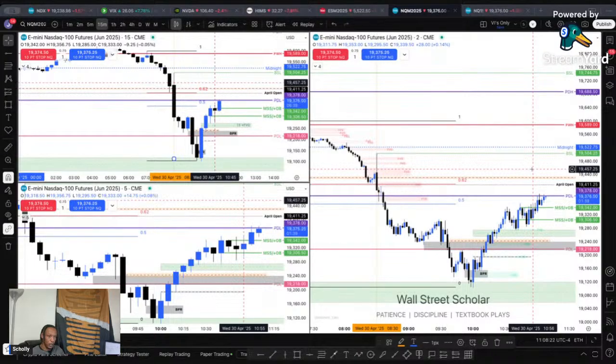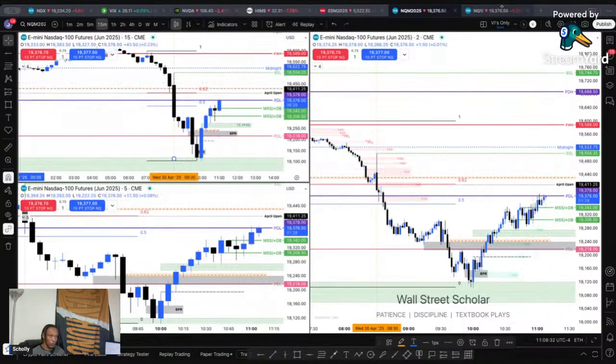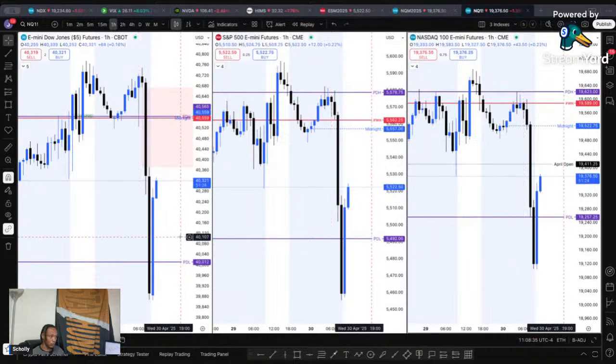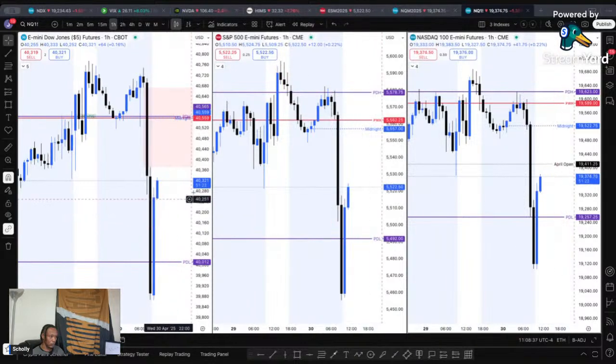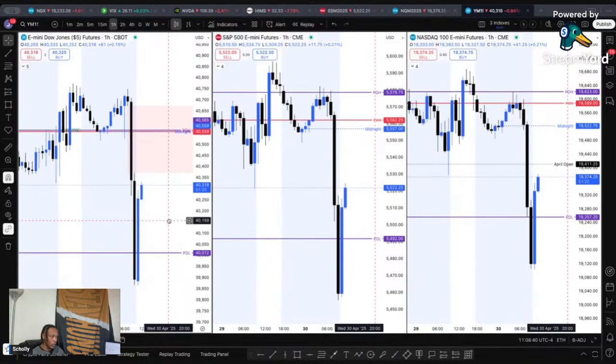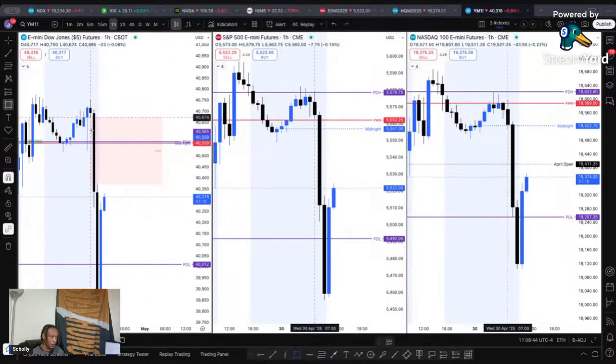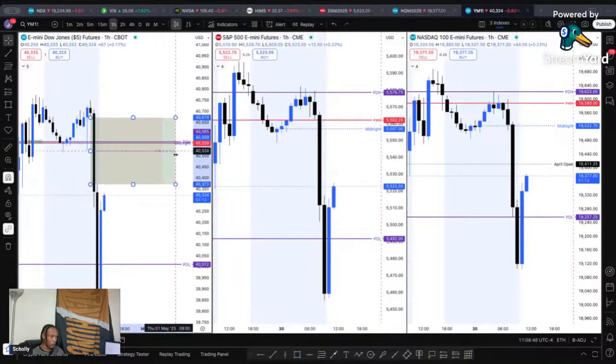Let my clock pop. I wonder if we're waiting on YM to get to that 1 hour gap and then retrace. That'll be nasty.